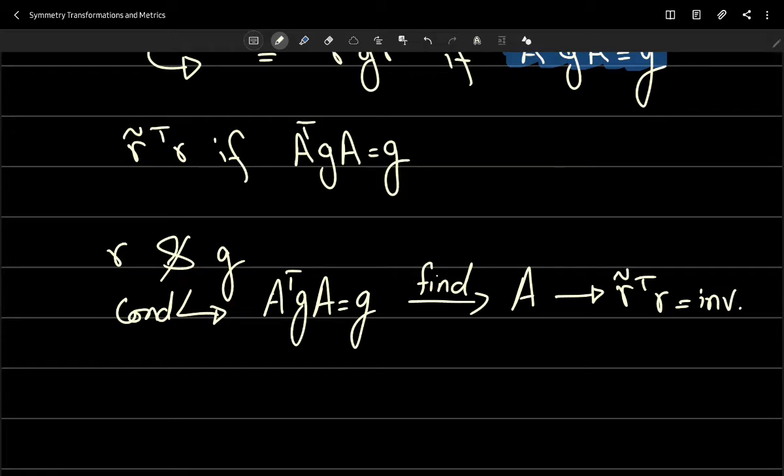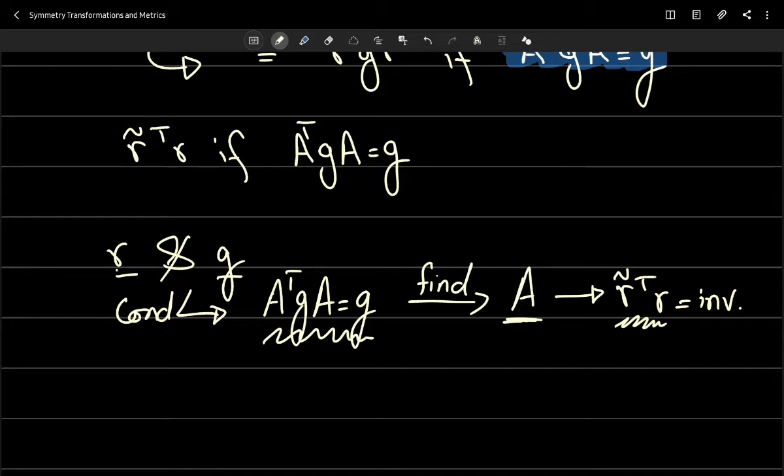So let me repeat this again, that we can say that given a representation R and a matrix G, we can use this condition over here to find the transformations that are A, that belong to the group G, which will leave this thing invariant, right?